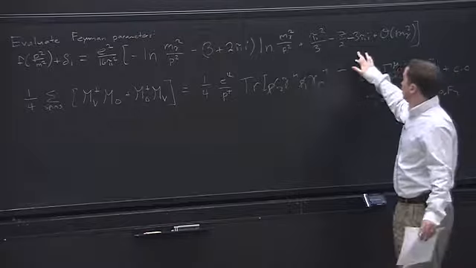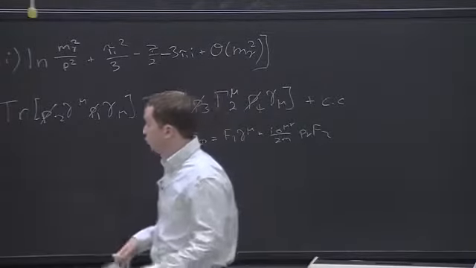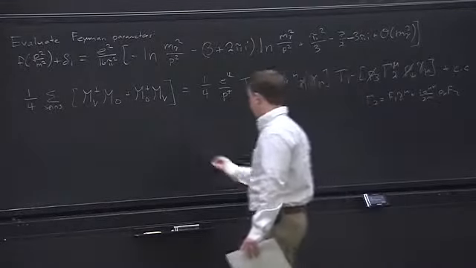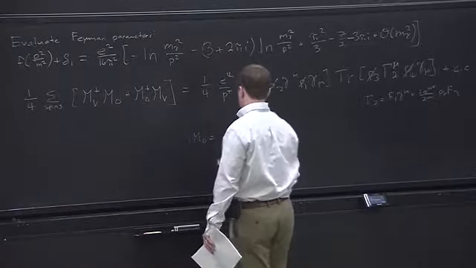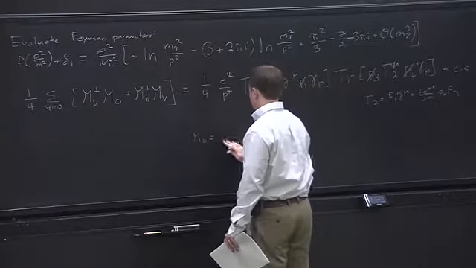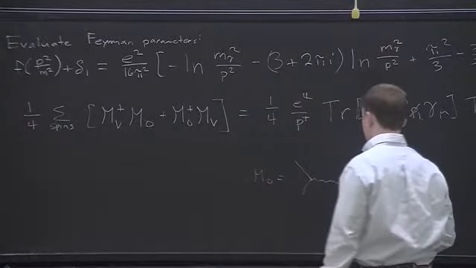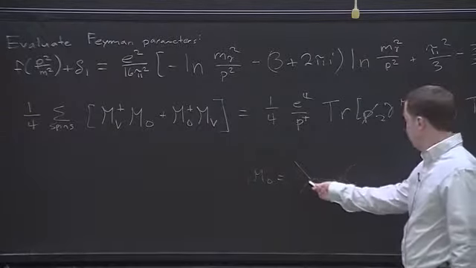The terms that will contribute will only be the real part of f. So m naught, I m naught has three factors of I. So I m naught was this diagram. So it has three factors of I.